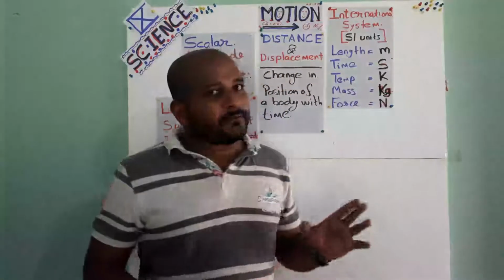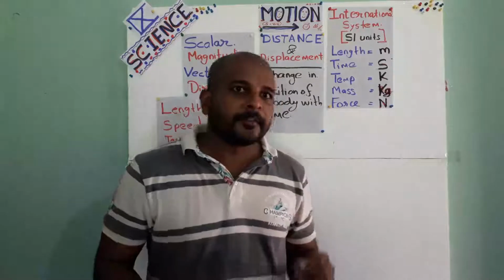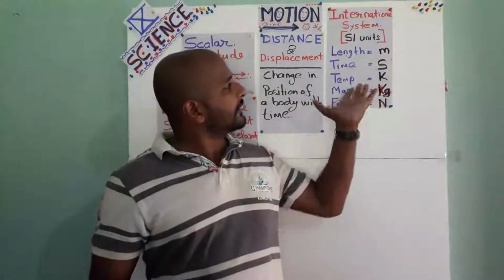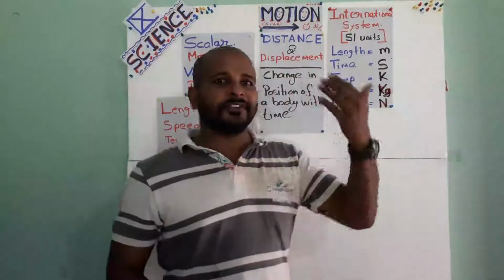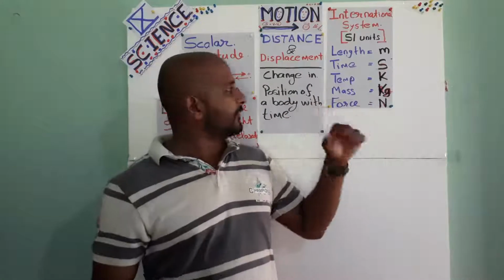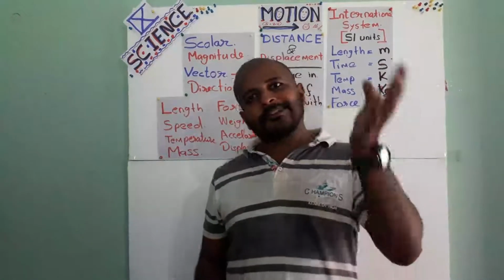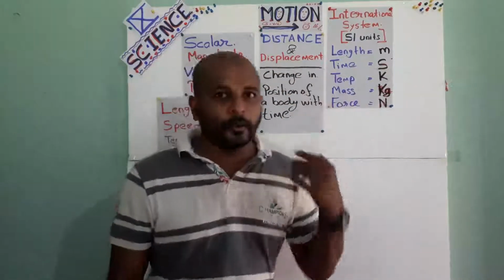In the case of time, if it is given in minute or hour, you must convert it into second. If temperature is given in degree Celsius, you must convert it into Kelvin. And if mass is given in grams, you must convert it back into kilogram. So that is the way of doing numericals.